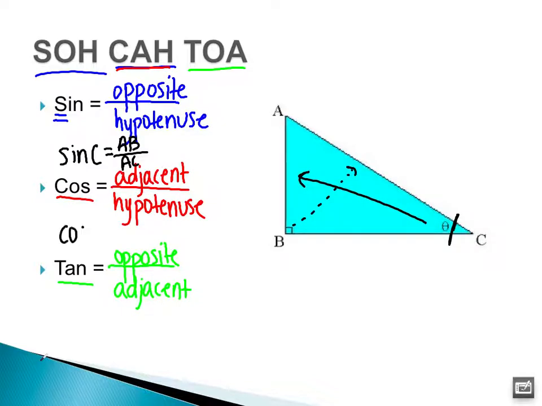The cosine of angle C is equal to the side adjacent to C, the one that's touching C, which in this case is BC. So it's BC over the hypotenuse, which is still AC. And then we would say the tangent of angle C is equal to opposite, still AB, and adjacent, still BC.